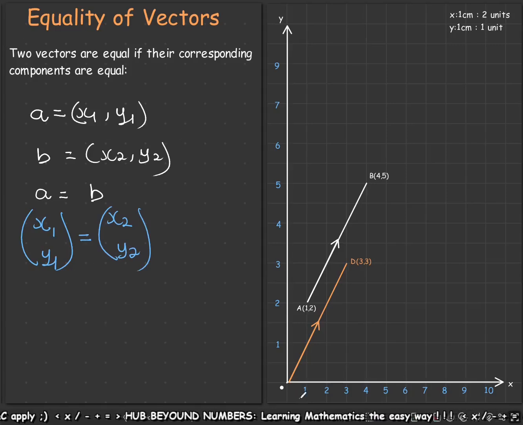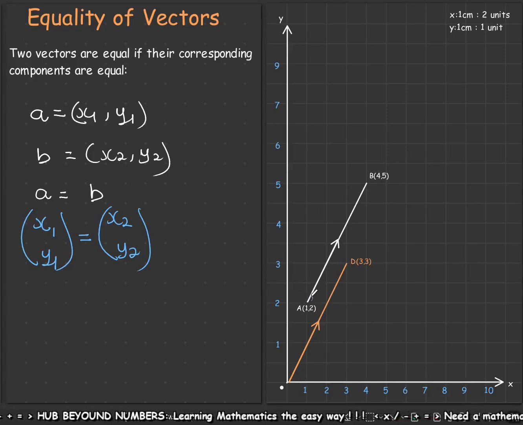Another way we can know that two vectors are equal is when their magnitudes are the same. Let's look at what I have here on the graph sheet. This graph represents vector AB, from A all the way to B, and this over here is vector CD.